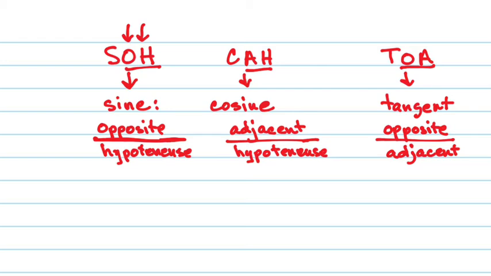When you move to study trig in level 2, you're going to find out that there are a few more trig functions, but these are your basic trig functions. So O over H, this one's A over H, and this one is O over A. Just making a fraction out of it.